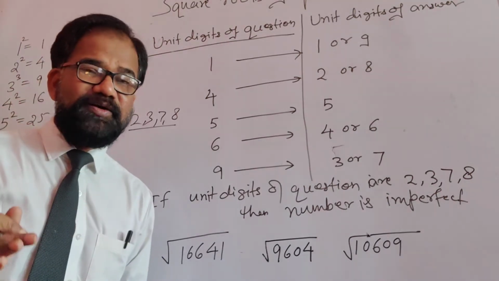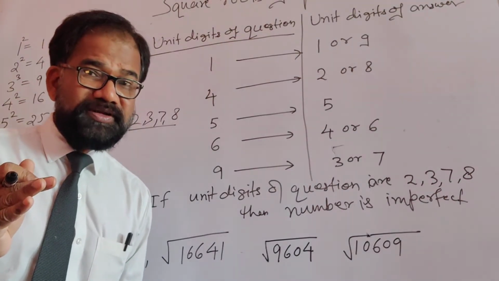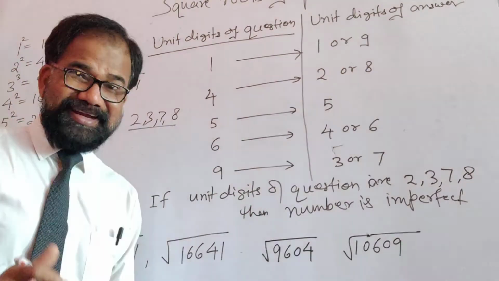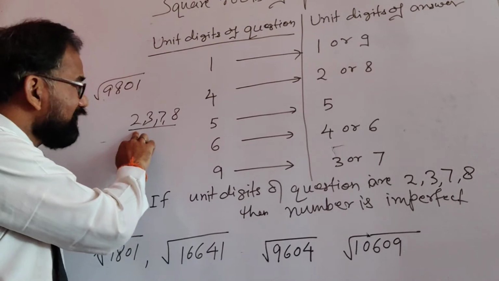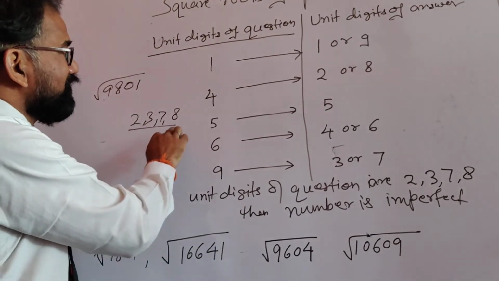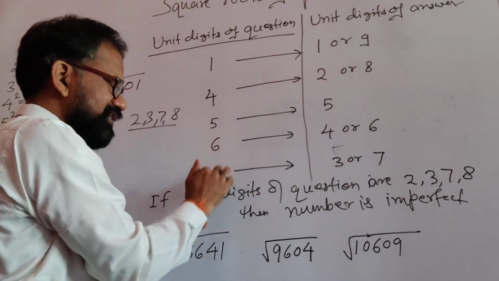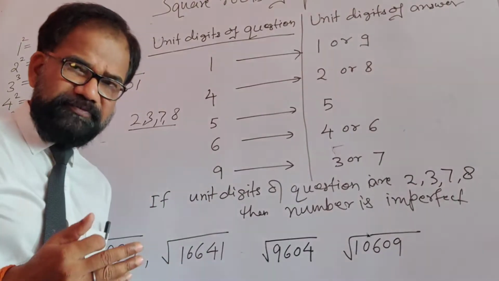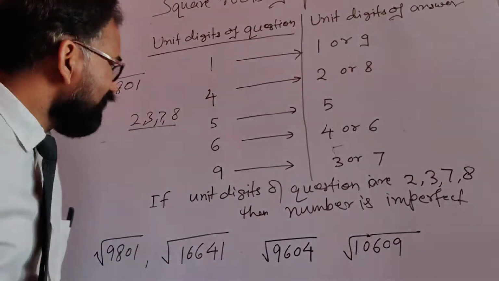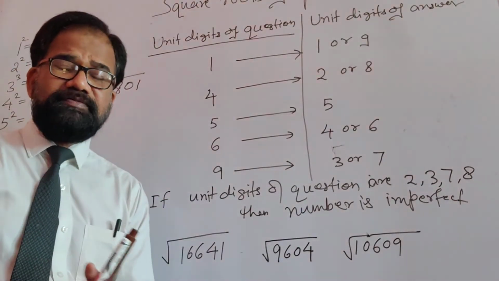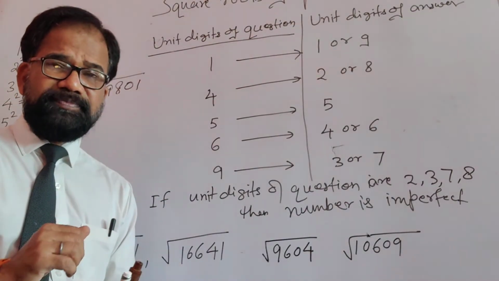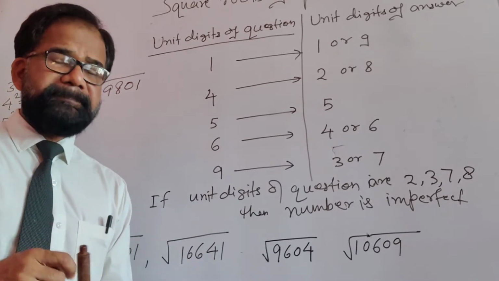You cannot find the square root by this method, right? If the unit digit of your question is 1, 4, 5, 6 or 9, that will be a perfect square. Now how to find the square root of this perfect number?